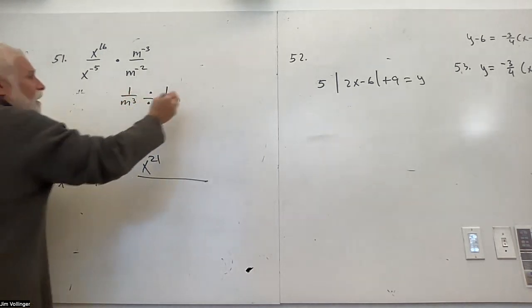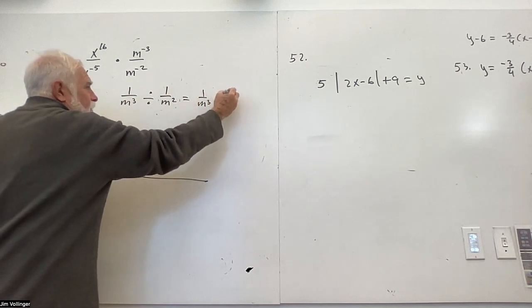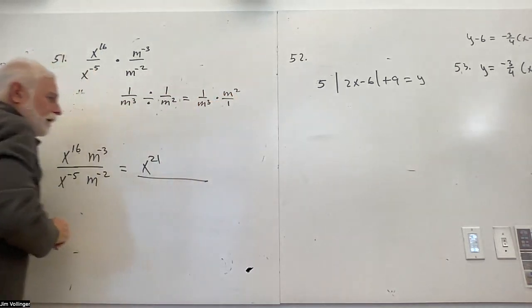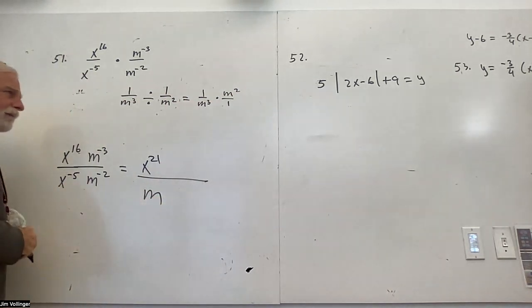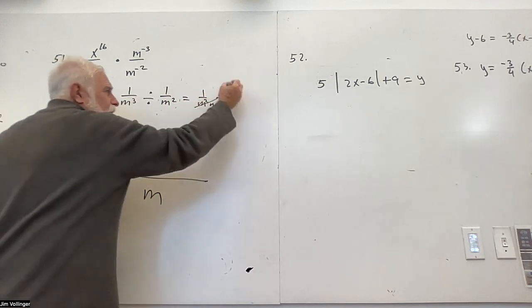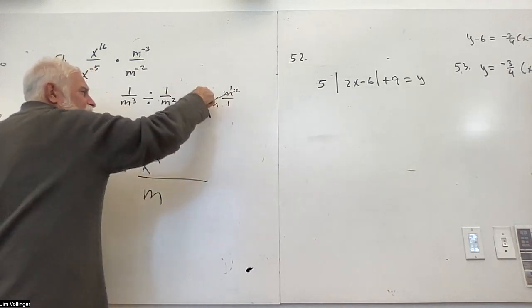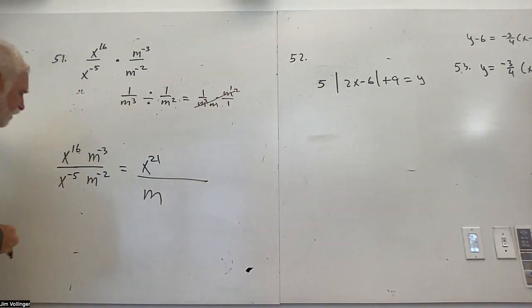Same thing. 1 over m cubed gets multiplied by m squared over 1. And I can see that I have 1 more m in the denominator. m cubed is m squared times m. So that becomes the number 1. 1 times 1 is 1 over m. There's your answer.